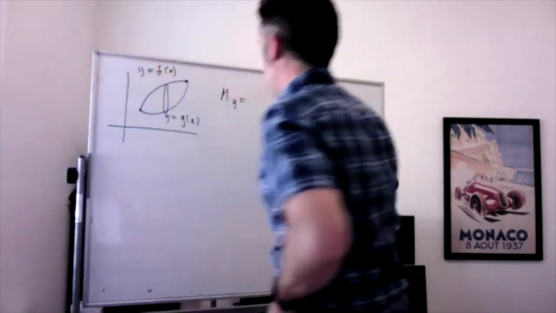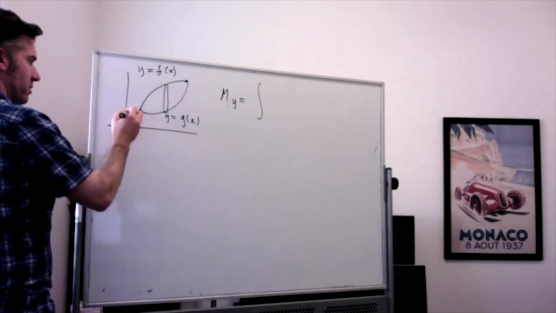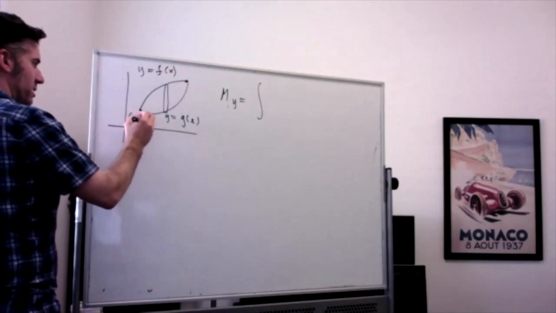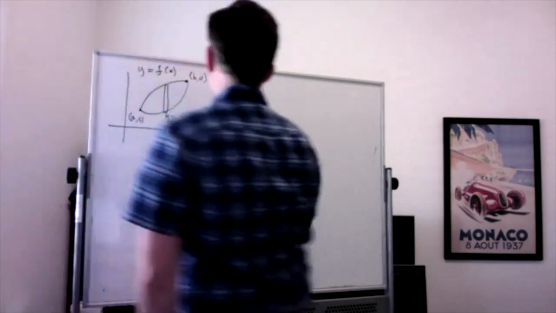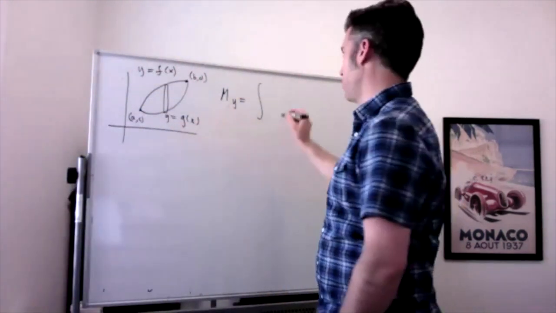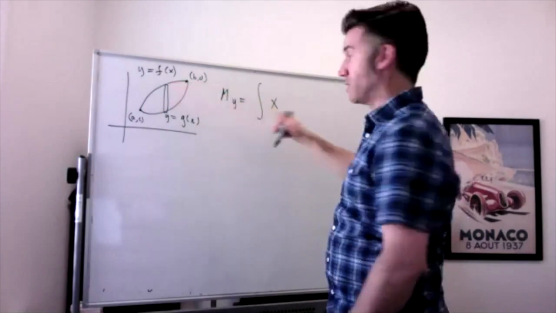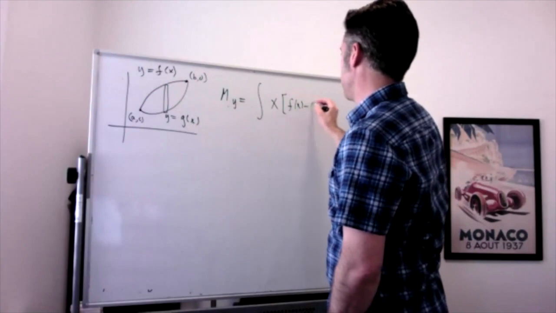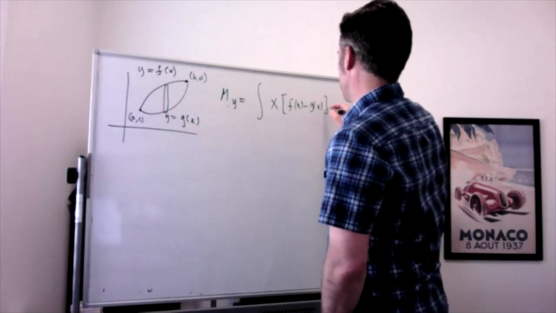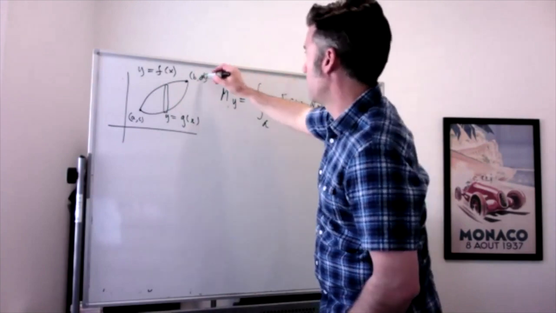The moment around the y-axis is the integral from A to B of the lever arm, which is x, times the area of this times the density, which is going to be the top function minus the bottom function.